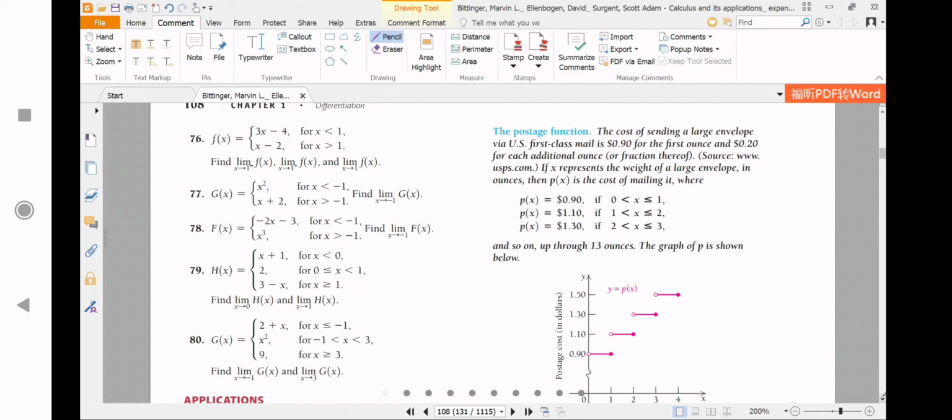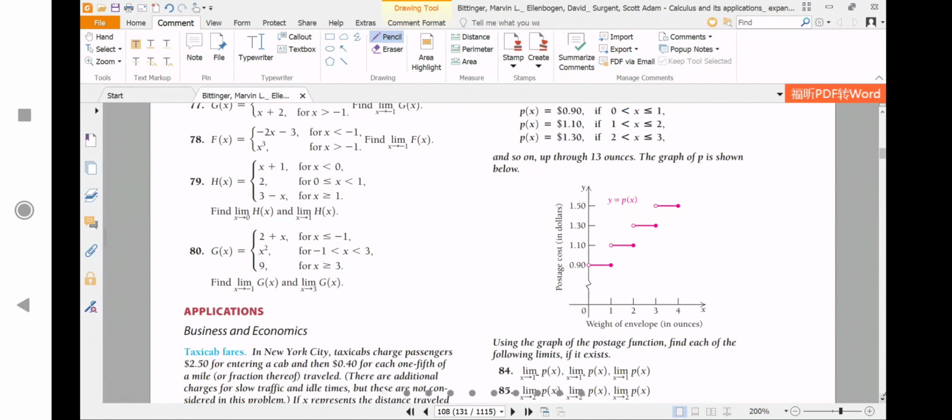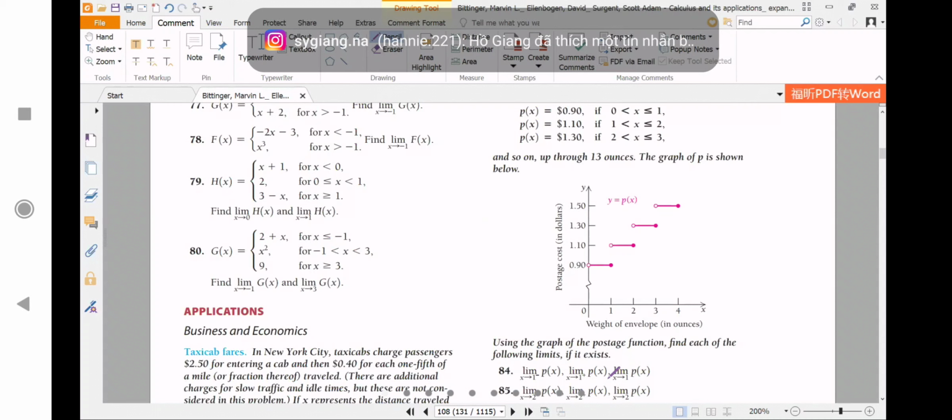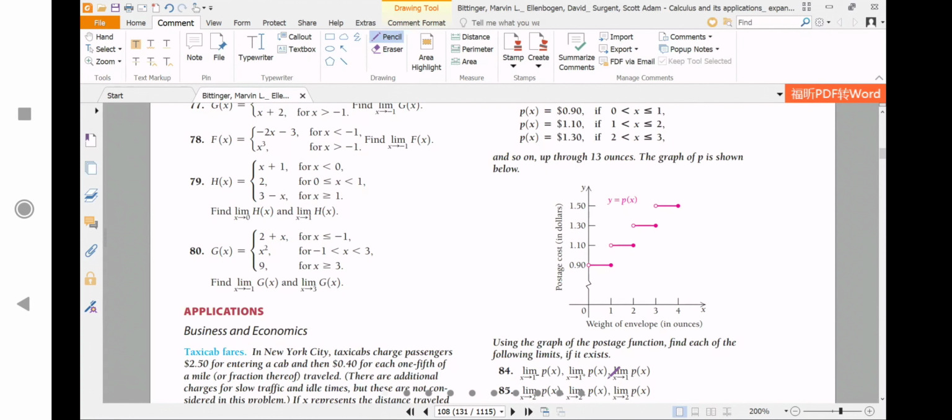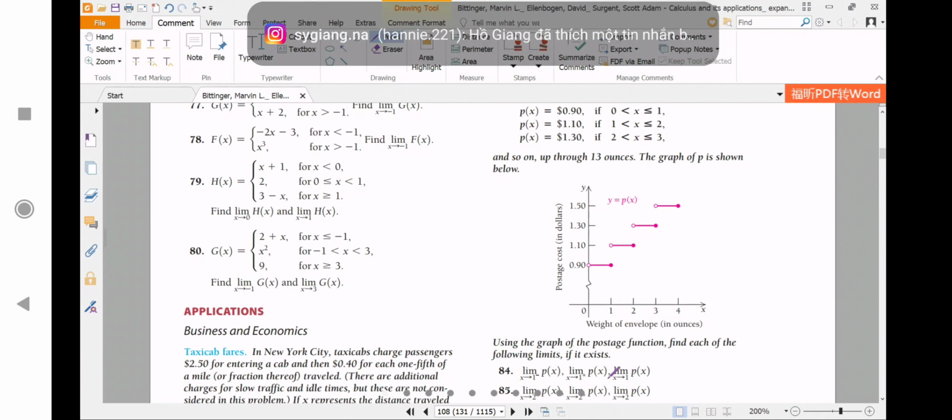84. Left limit of p(x) at 1 equals what number? The limit as x tends to number 1 from the left side. The value of the given function is 0.9. Yes, correct answer. And what about the right limit? 1.1. 1.1, yes.